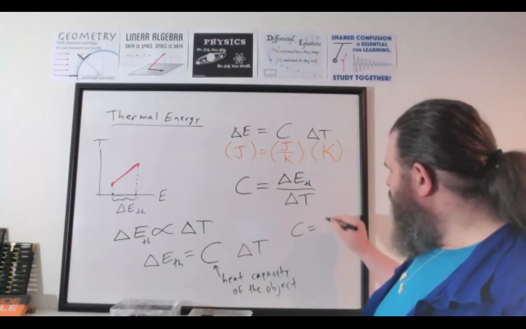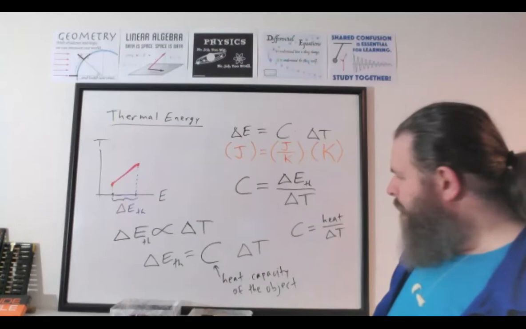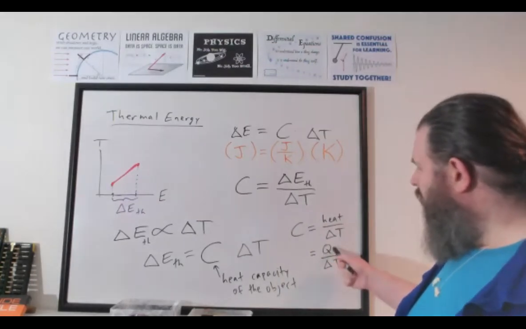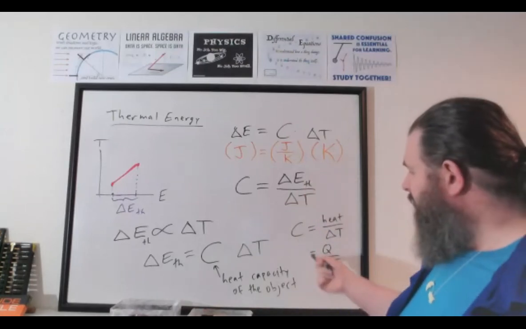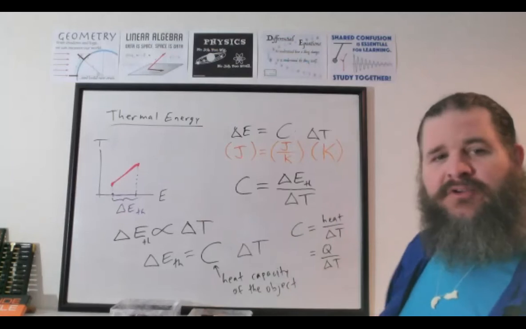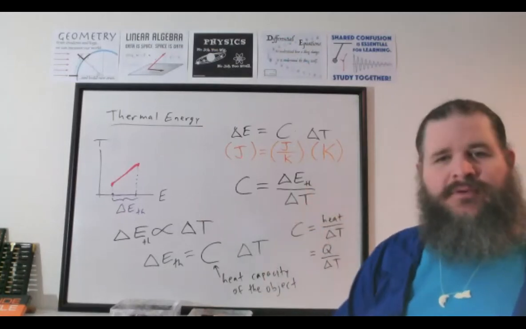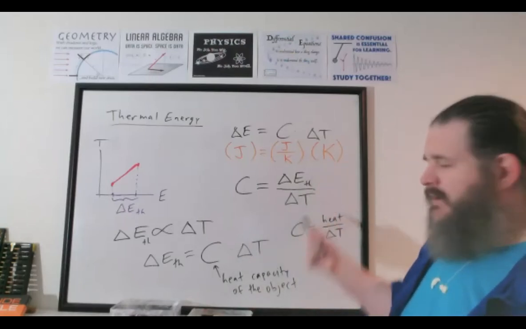Formally, heat capacity is heat over change in temperature, Q over delta T. But in this context, we're assuming all the heat goes into changing the thermal energy. So later on, we're going to be defining heat capacity as heat over delta temperature. But for now, we can think of that as just change in thermal energy over change in temperature. And that also gives us joules per kelvin.